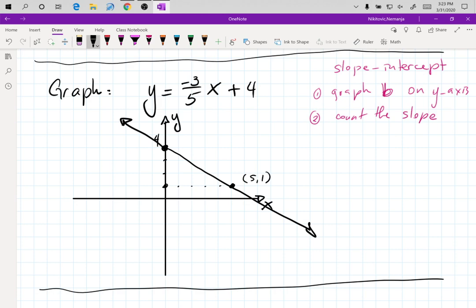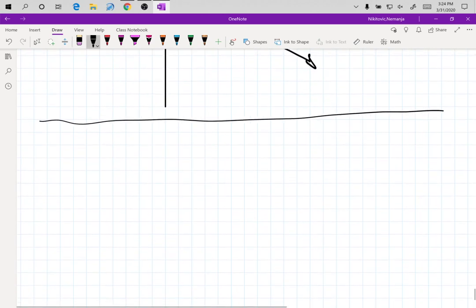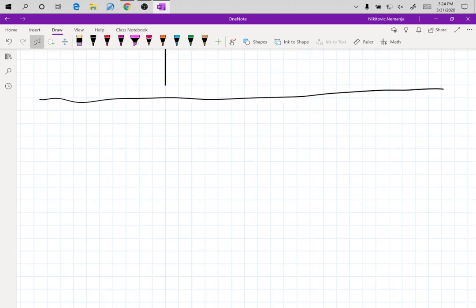So now, reviewing horizontal and vertical lines.